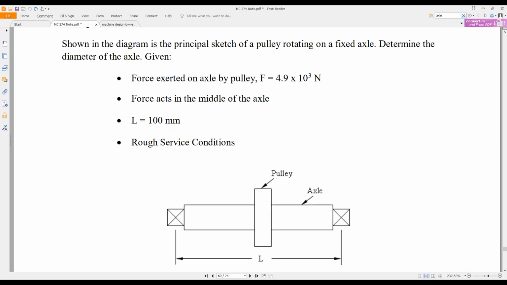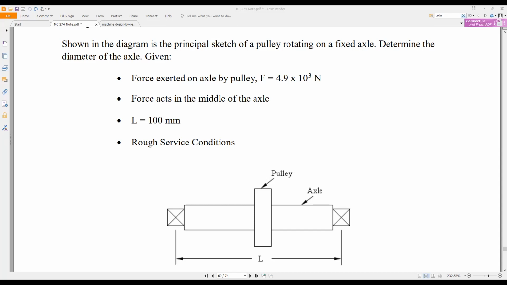So here, we need to draw the free body diagram, indicate the loading, then we can determine the bending moment. And then when we have the bending moment, we can determine the bending stress.